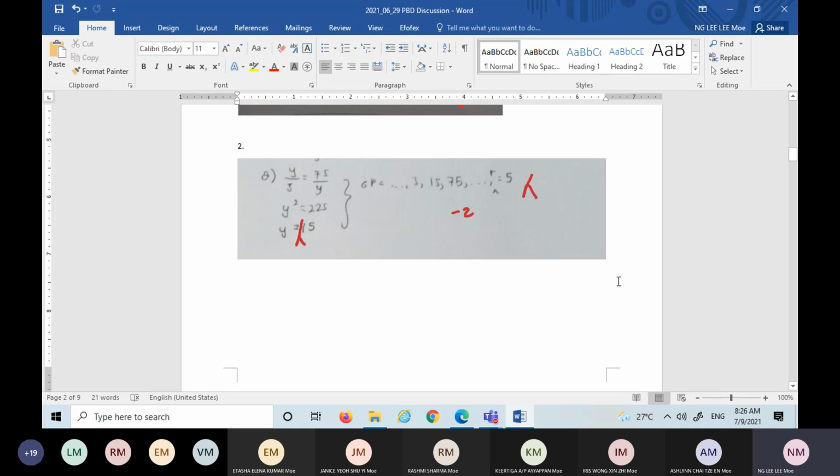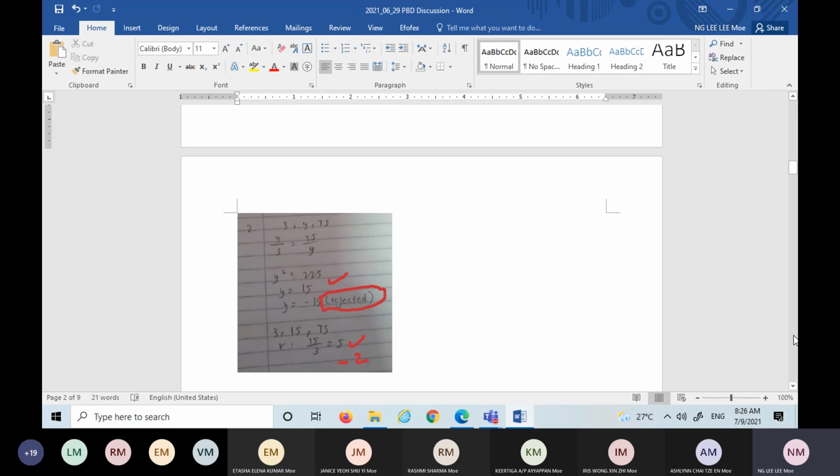So here, this one I minus 2 marks. Okay, look at this. Yes, you know that you have a plus and minus, so you have a positive and a negative answer. But why reject it? You can't just because you want to reject, then you reject answer one. No, you must have a reason.